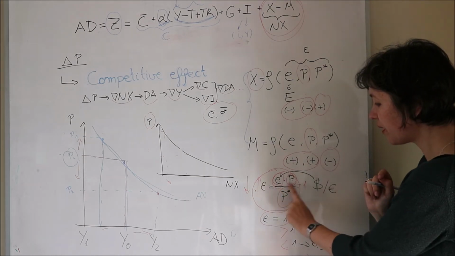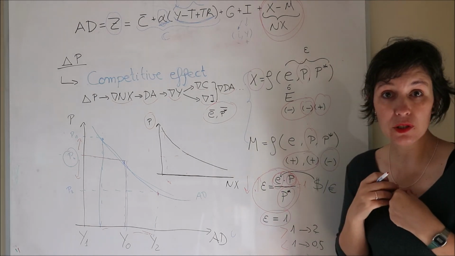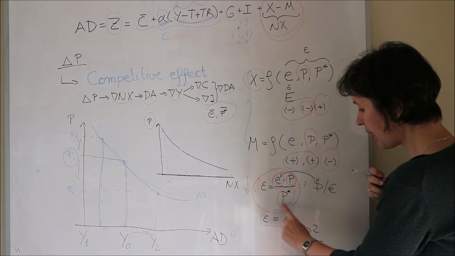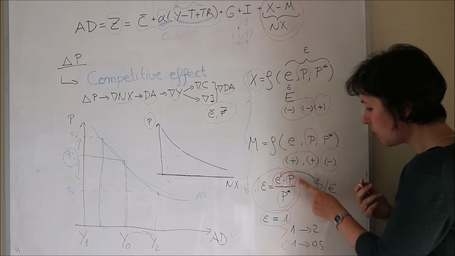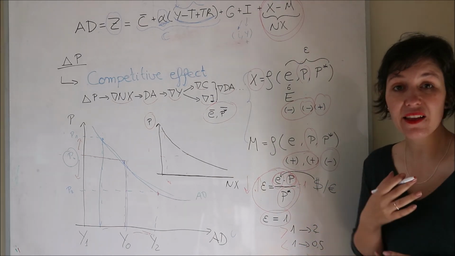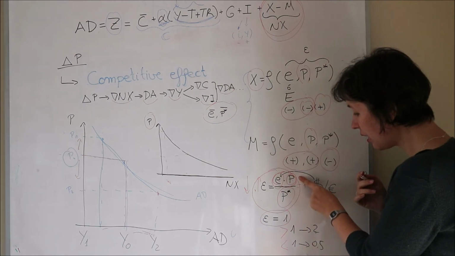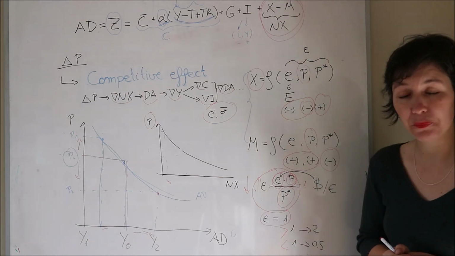I'm going to compare my good in dollars divided by the other good, which is already in dollars. If this is equal to 1, that means I don't care about buying the car here or in the United States.